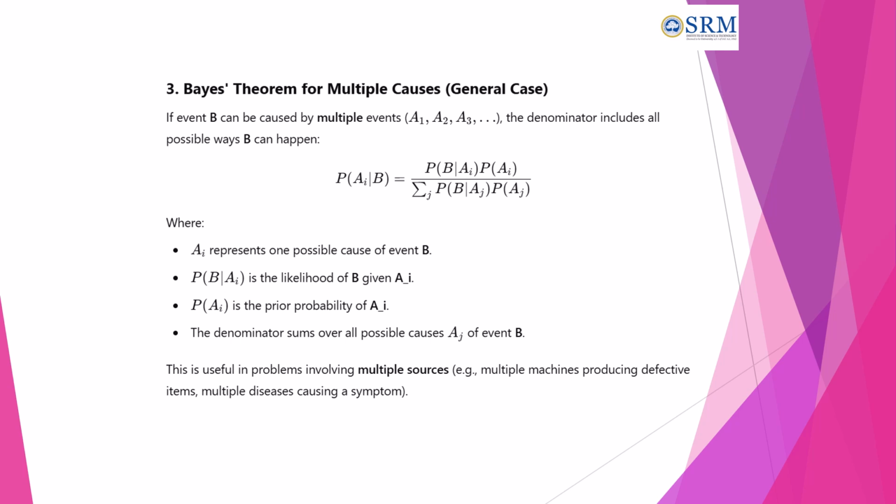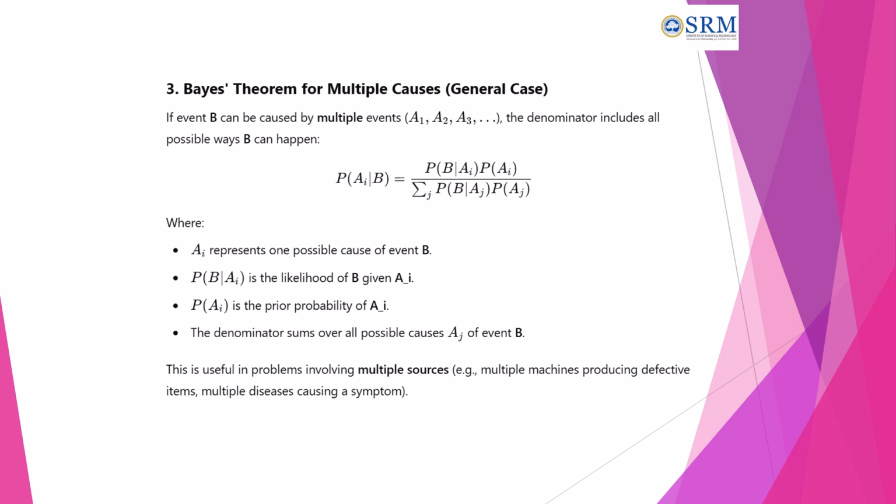Here P(Ai|B) is the probability that cause Ai is responsible given that we observe B. The numerator is the product of the likelihood of B given Ai and the prior belief in Ai. The denominator accounts for all possible causes of B by summing the products of likelihood and prior for each Aj.